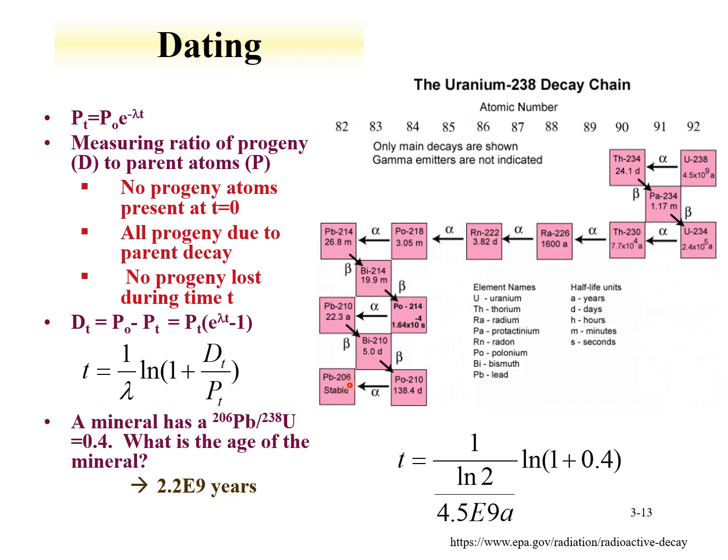So what we need to assume is that there was no lead-206 present at time 0 in this zircon. All the lead-206 that is there is due to the decay of uranium-238, and that no lead-206 was lost during the lifetime of this material. What you could do for lead, if you were to evaluate whether there was other lead present, is note that lead has other stable isotopes, so you could determine how much lead there is.